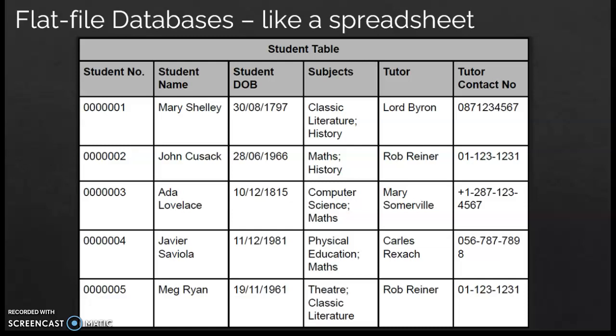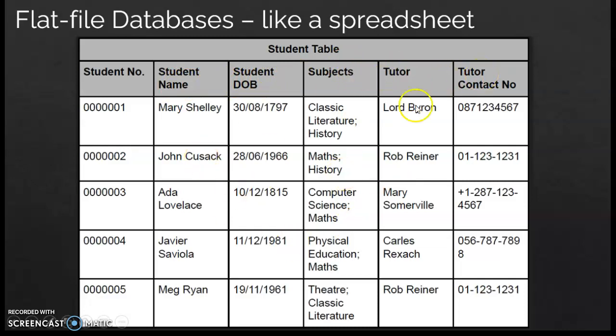Now, it doesn't look exactly like that. First of all, you won't have this heading in it. I've only got that in there for the purposes of highlighting this information. So what you will have in your table is the table called student, and then things like student number, student name, student date of birth, subjects, tutor contact number.